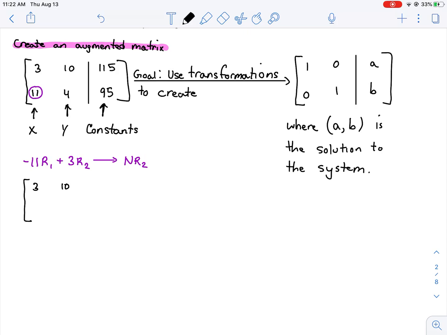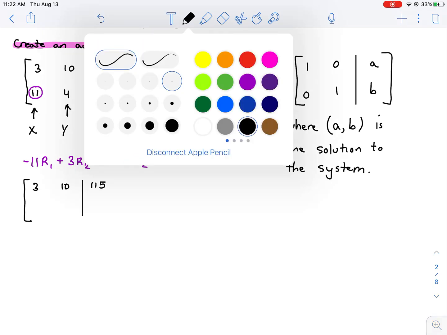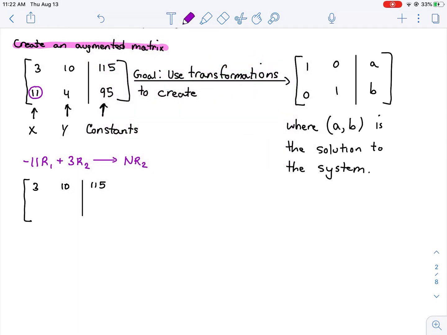So I'm going to start by writing down row 1 and noticing it doesn't change. And now I want to multiply the first row by negative 11 and the second row by 3. So negative 11 times 3 plus 3 times 11 is going to be 0.